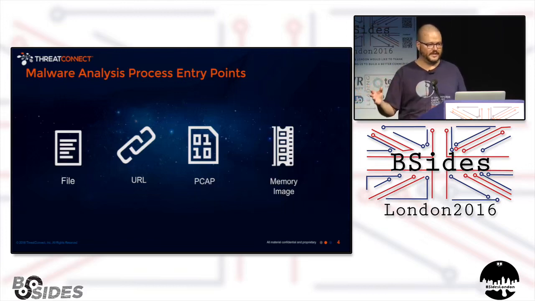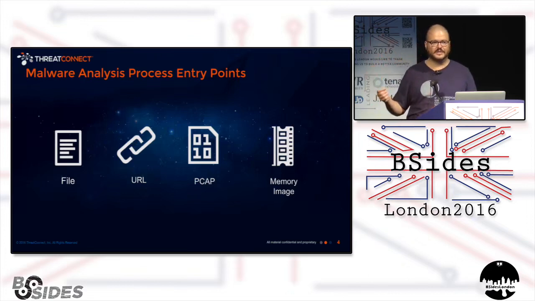It could be a Flash file. It can be a Java jar. It could be a Word document. It could be a PDF. Basically anything that can execute code, or through an exploit also execute code, on a workstation or server. So those files are the first entry point that I'm going to talk about.